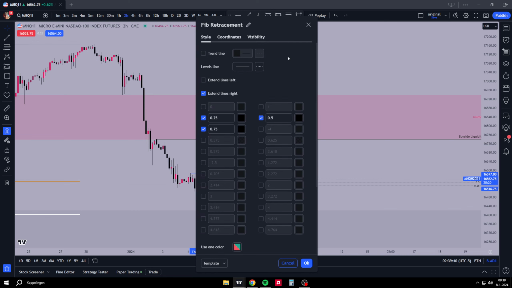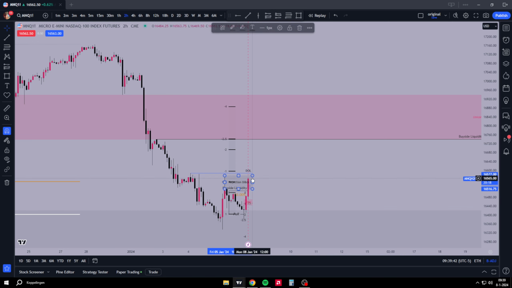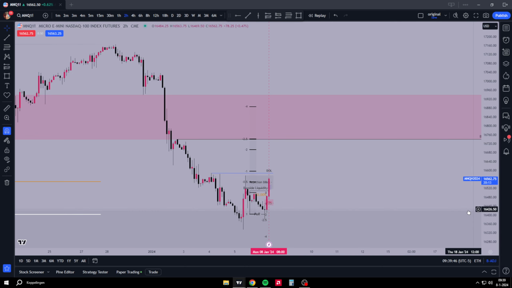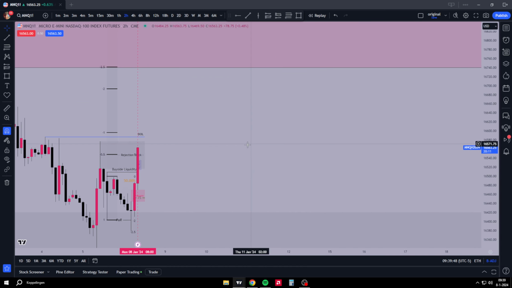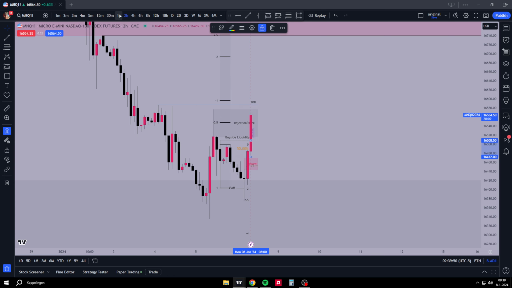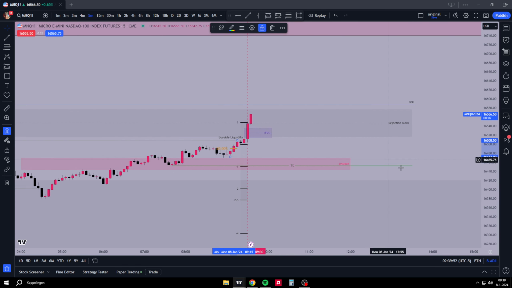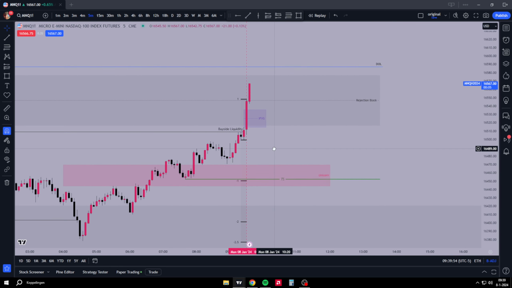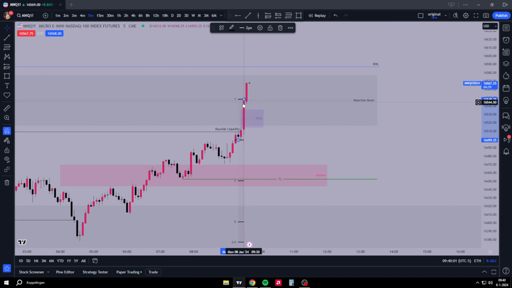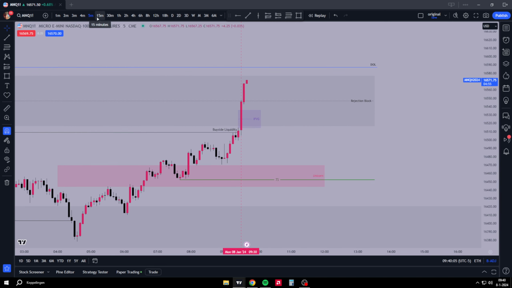So let's just remove this, looks cleaner. Let's get this back because we're only watching the 2 hour now of the rejection block. The draw liquidity we can keep. I don't know what this equilibrium is because we don't have it anymore. This standard deviation we could keep. Oh, we remove it now because we already went through that as well, of course.